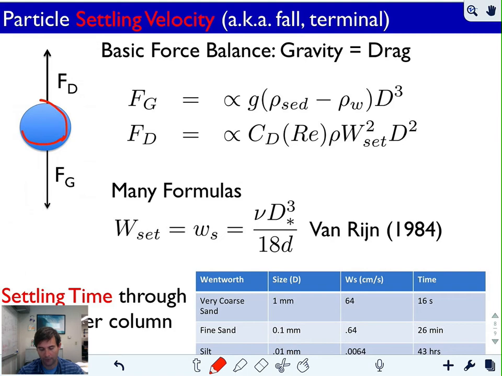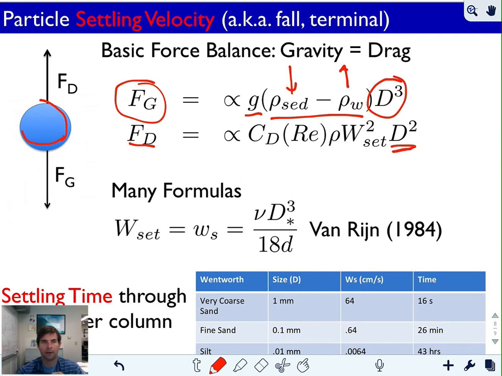Acting down, you have gravity, which is simply proportional to the diameter cubed, right? That gives you the volume, times the density difference, because rho sed is getting pulled down and rho water is the buoyant force pushing back up. So the difference between them times gravity. And then you have the drag force, and the drag force is proportional to the diameter squared, the surface area, or you can think of it as the cross-sectional area.